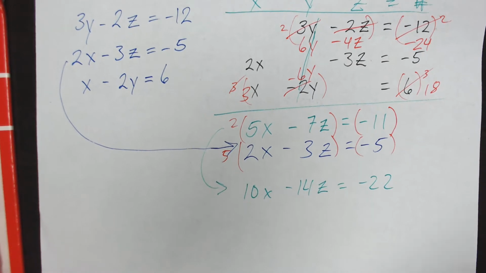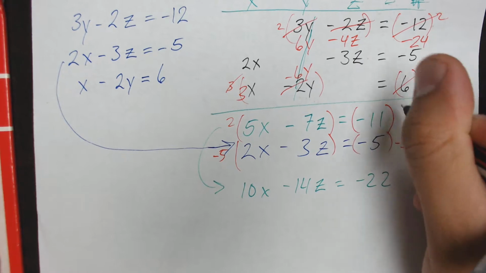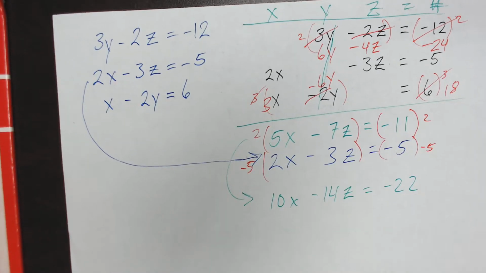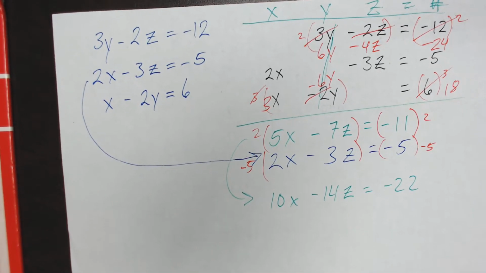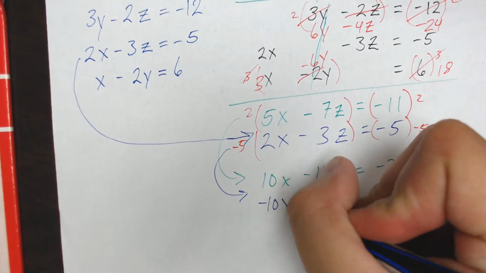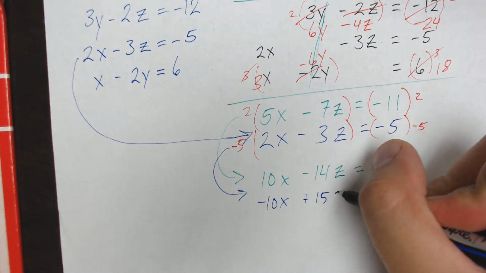Now the bottom equation, I forgot, I'm actually supposed to multiply by negative 5, so that way it's got the opposite sign. So then negative 5 times 2x gives me negative 10x. Negative 5 times negative 3 gives me positive 15z.